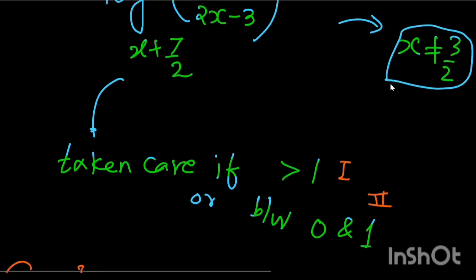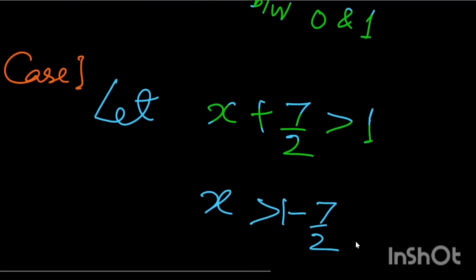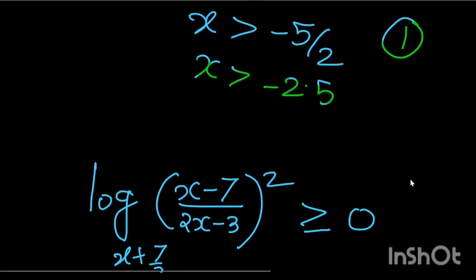Now we will solve the two cases. Case 1, when the base b should be greater than 1. So 1 minus 7 by 2 minus 5 by 2, which is x greater than minus 2.5. This is the first constraint. Now the second one will be solved by solving this.